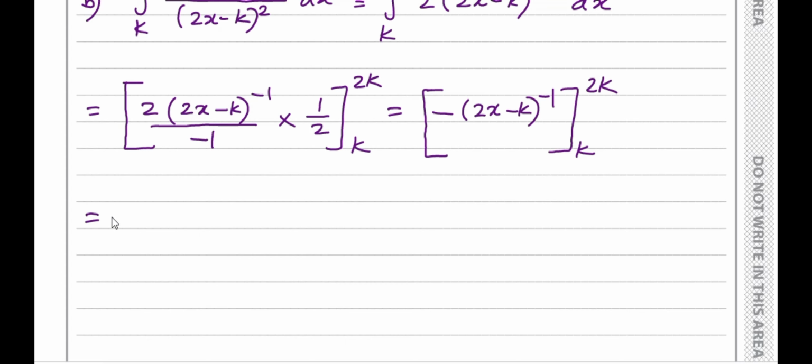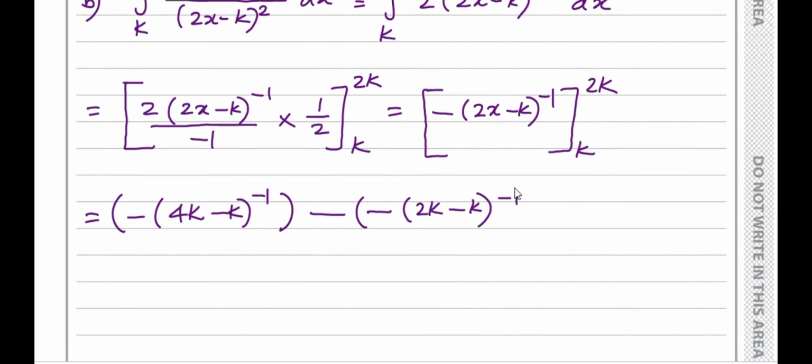Now we can evaluate it. So minus, wherever x is there we are going to put 2k. So bracket 2 times 2k is 4k minus 1k to the power of minus 1, close the bracket, minus, now this time again there is a minus, therefore 2 times k is 2k minus k to the power of minus 1, close the bracket.